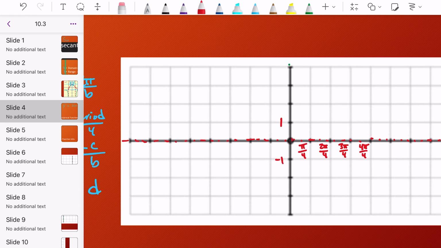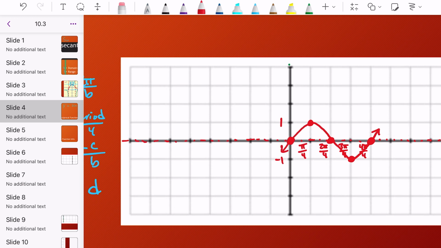So in this case, we're going to start off at 0, 0. We would go up to the maximum, back down to the midline, drop down to the minimum, and come back up to our midline. You go ahead, draw out your graph.